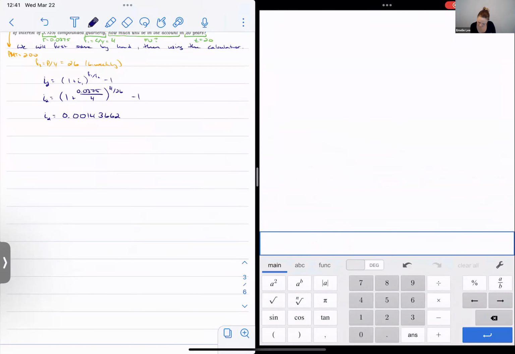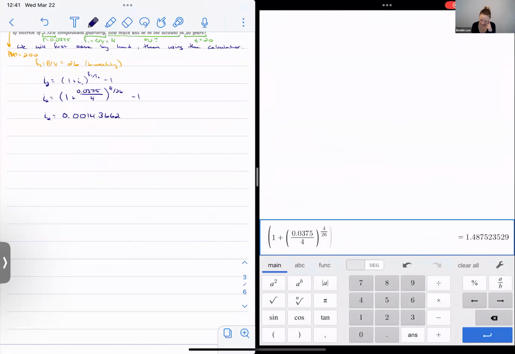Okay. So I have 1 plus, and then I'm going to use brackets, 0.0375 divided by 4, close those brackets, to the power of 4 divided by 26, and then minus 1. No. Oh, what's my mistake?